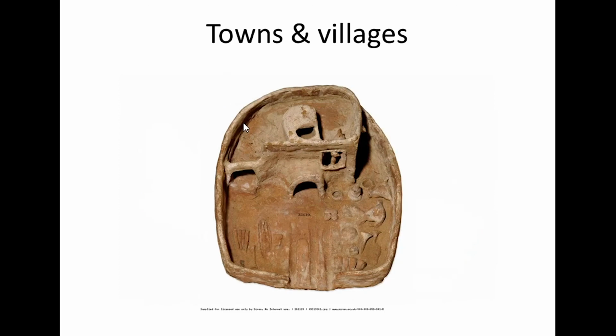We also have two models that show us how the houses of the non-elite also lived, because if you were an elite person, you would need to have your workers, your farmers, your labourers with you. So you would place models of their houses.